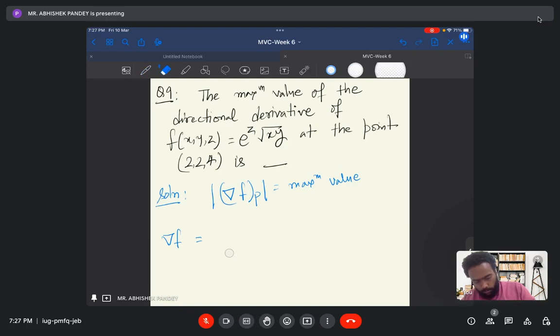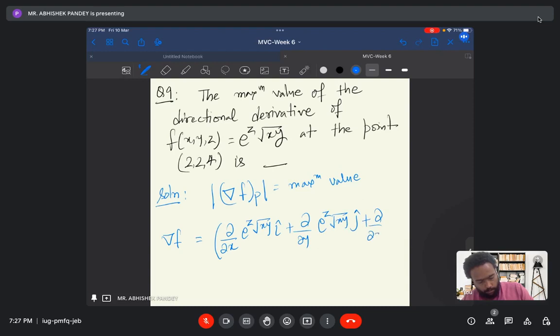So this will be del by del x of e to the power z root over xy i cap plus del by del y of e to the power z root over xy j cap plus del by del z of e to the power z root over xy k cap.